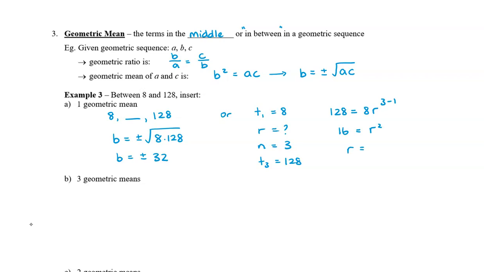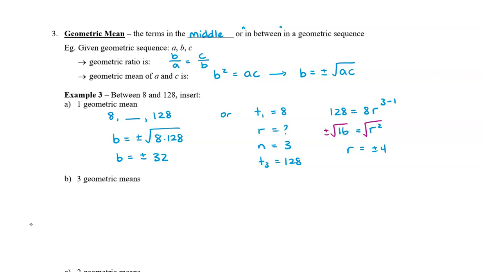So r, we're going to square root both sides. And don't forget, when we do this, we get the plus or minus. So r equals plus or minus 4. So again, we're going to get 8 times positive 4, which is 32, and then 32 times positive 4, which is 128.